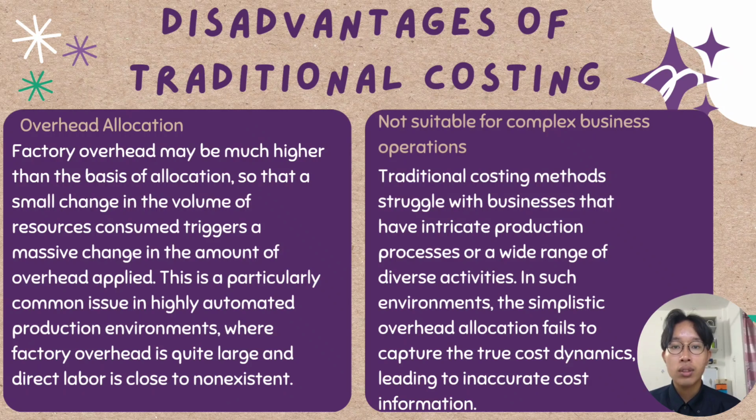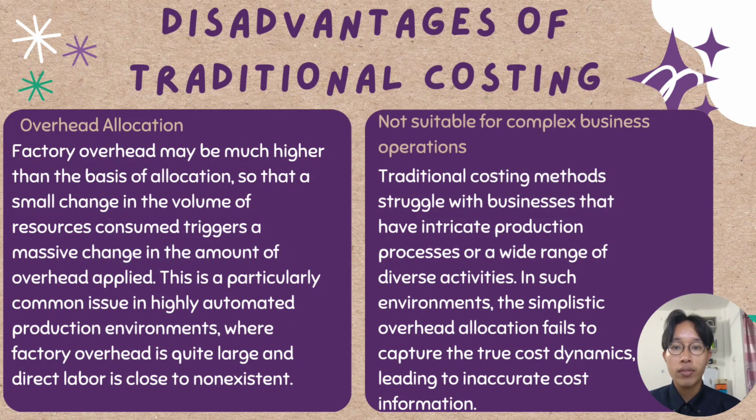Next, not suitable for complex business operations. Traditional costing methods struggle with businesses that have intricate production processes or a wide range of diverse activities. In such environments, the simplistic overhead allocation fails to capture the true cost dynamics, leading to inaccurate cost information.